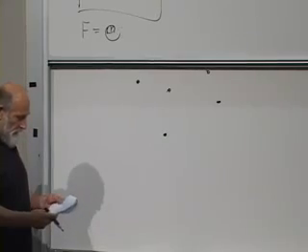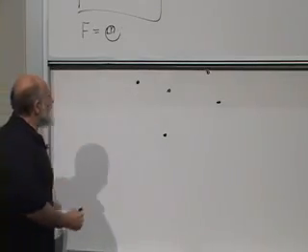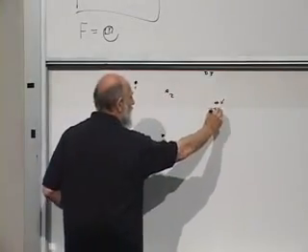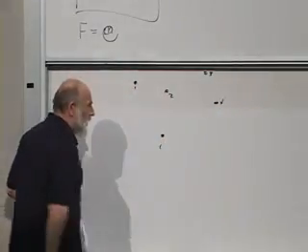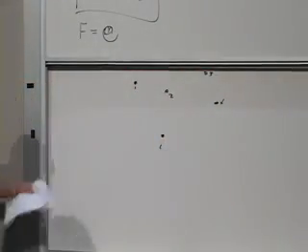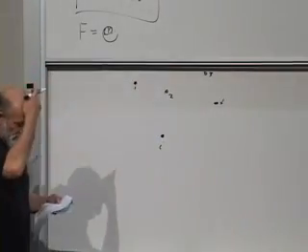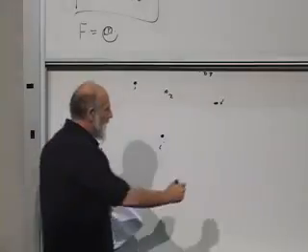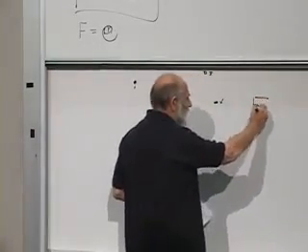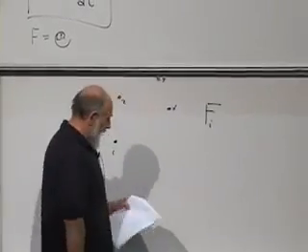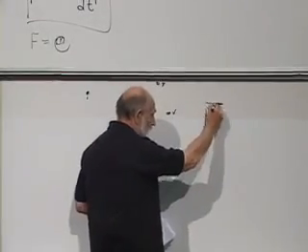But what's the total force on a particle? Let's label these particles. This is the first one, the second one, the third one, the fourth one, dot, dot, dot. This is the ith one over here. So i is a running index which labels which particle we're talking about. The force on the ith particle, let's call it F sub i. And let's remember that it's a vector.